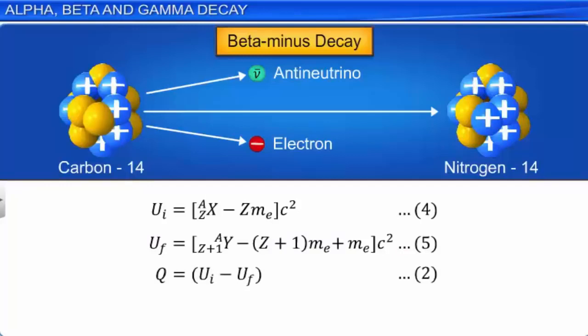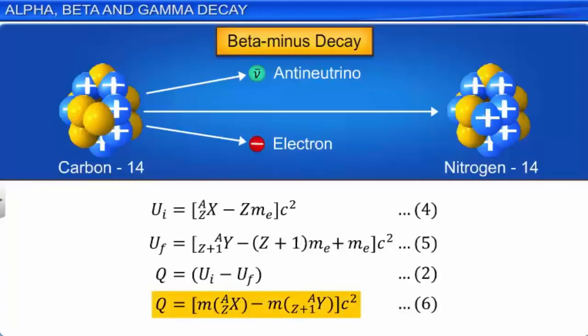The Q value can be obtained by substituting the values of Ui and Uf. Let this be equation 6. Because of the large mass, the daughter nucleus formed does not share an appreciable part of the kinetic energy. Thus, the energy Q is shared by the antineutrino and the beta particle.